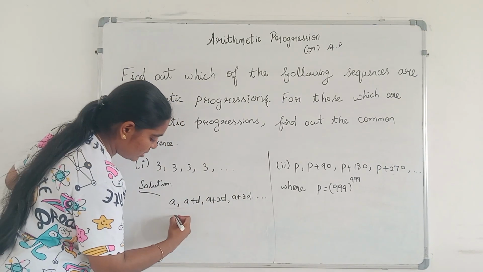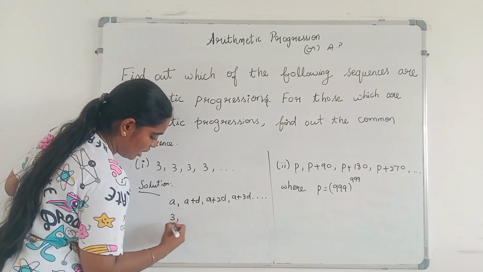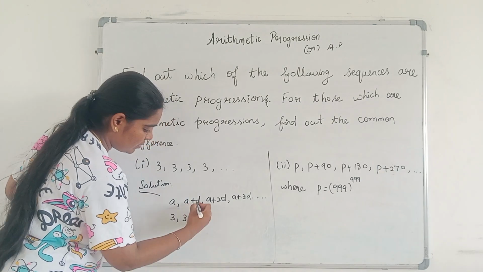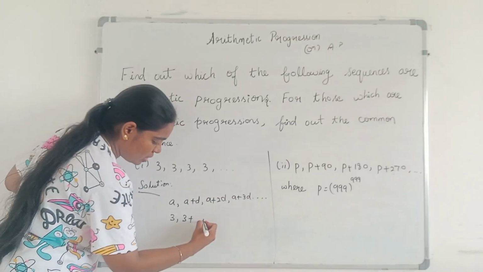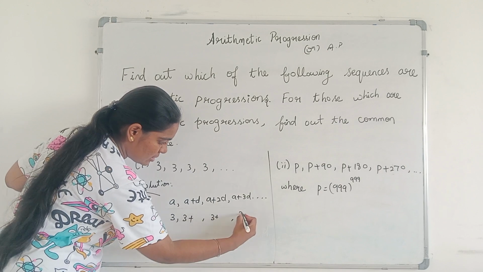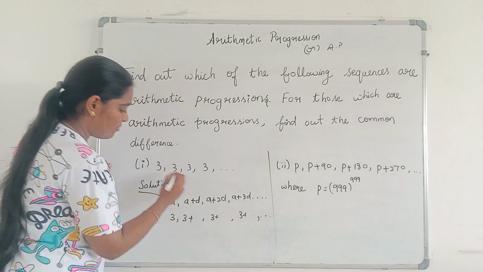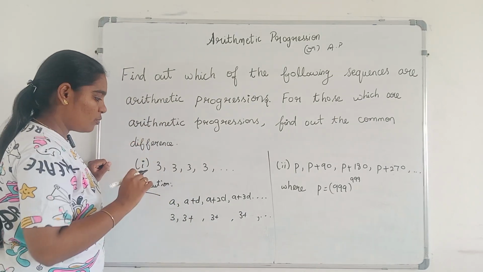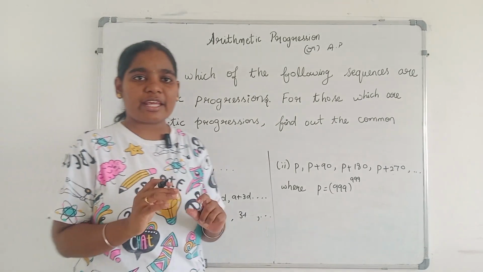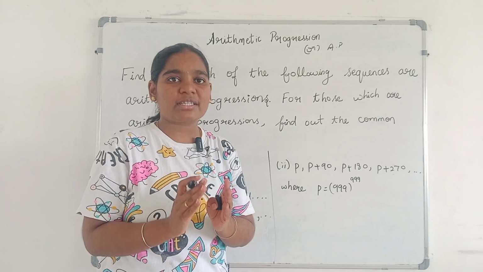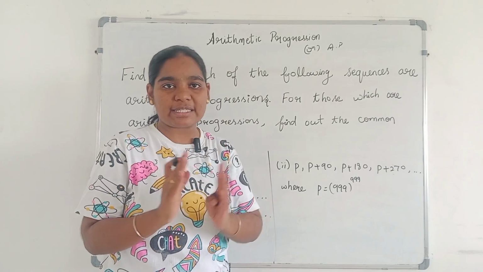So here the value of a is 3, and 3 plus d we don't know. In a similar way, 3 plus 2d, like that I can write. So if I am finding d, what is the concept of d? d means the difference between a term and its preceding term.